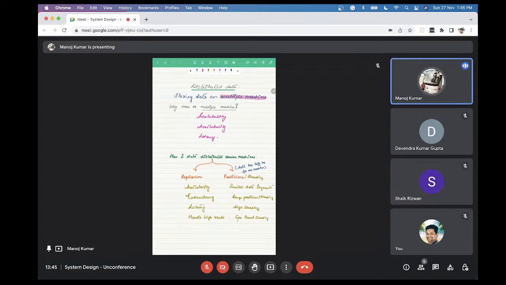So latency: replication across data centers present in different geographies can help with users being redirected to the nearest replica, so the network latency is also improved. All these you can achieve with the help of replication. Replication can handle high reads when you have different replicas for write and read DBs.